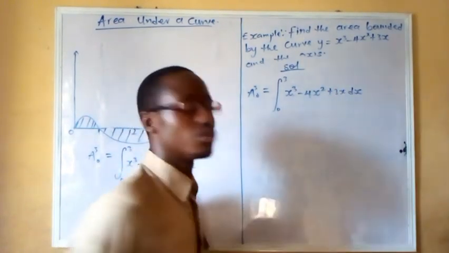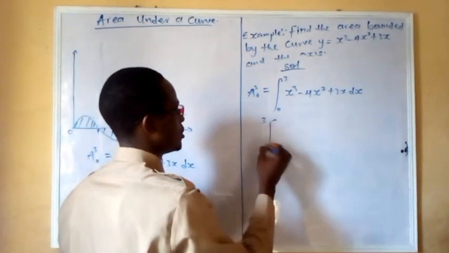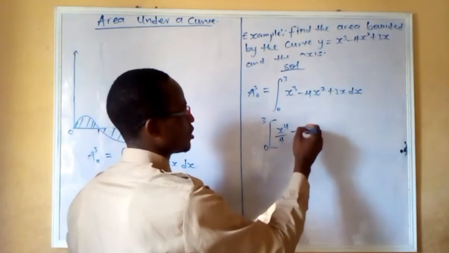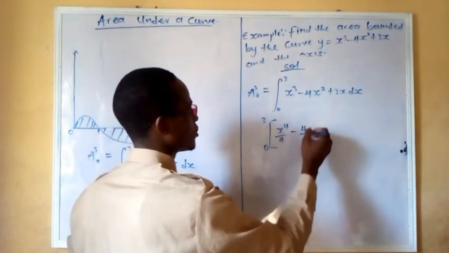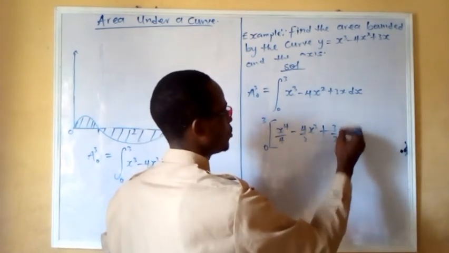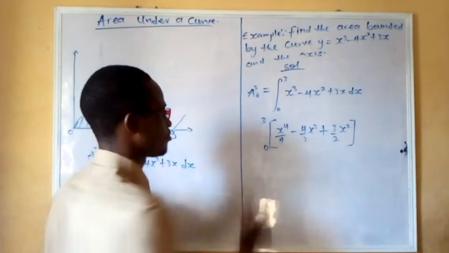Once you start integrating, you remove the integral sign. So we have, from 3 to 0, x raised to power 4 all over 4 minus 4 over 3 x cubed plus 3 over 2 x squared. So then we substitute the limits.